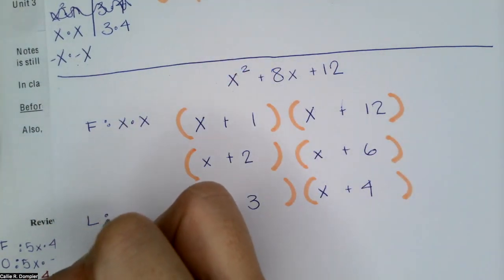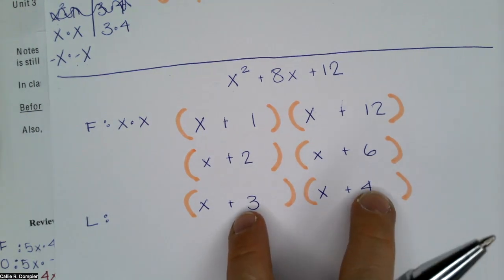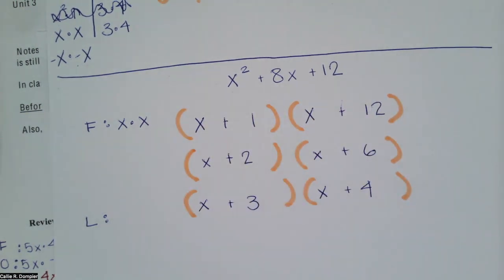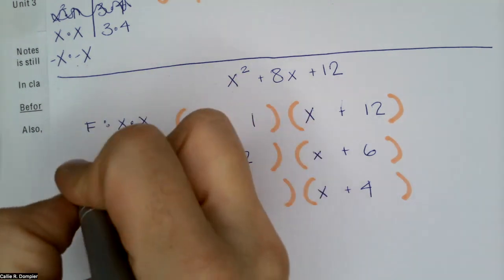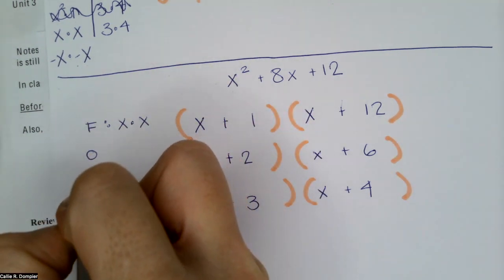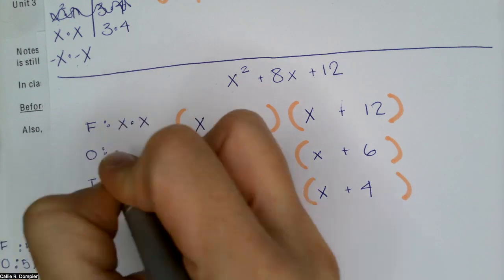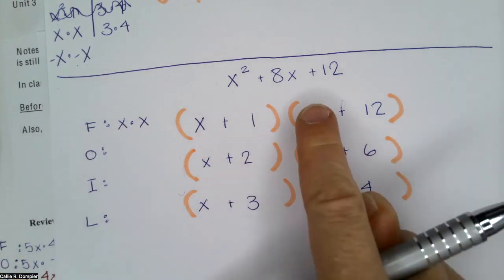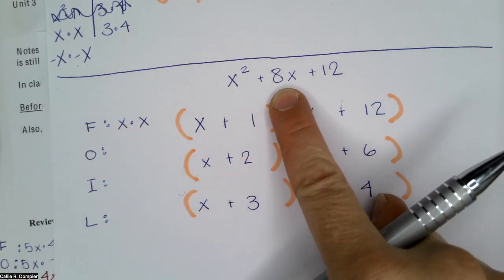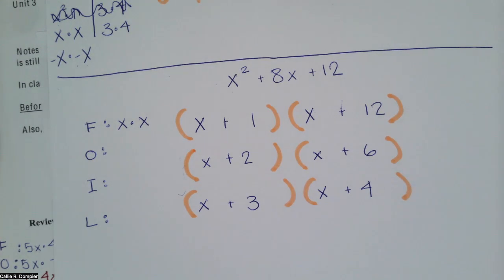I know my last is going to equal 12, and it's either going to be 3 times 4, 2 times 6, or 1 times 12. I need my outside and my inside, whatever they are, I need them to add to what number? To 8.